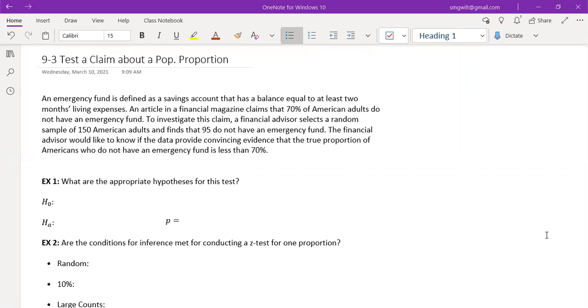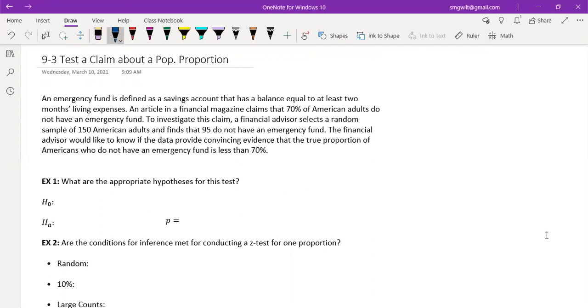So let's just pull the numbers out of the problem and identify them. Their claim is 70%, so that means that p naught is going to be 0.7. Then he selects a random sample of 150 American adults, so that's the value for n. So n is 150.